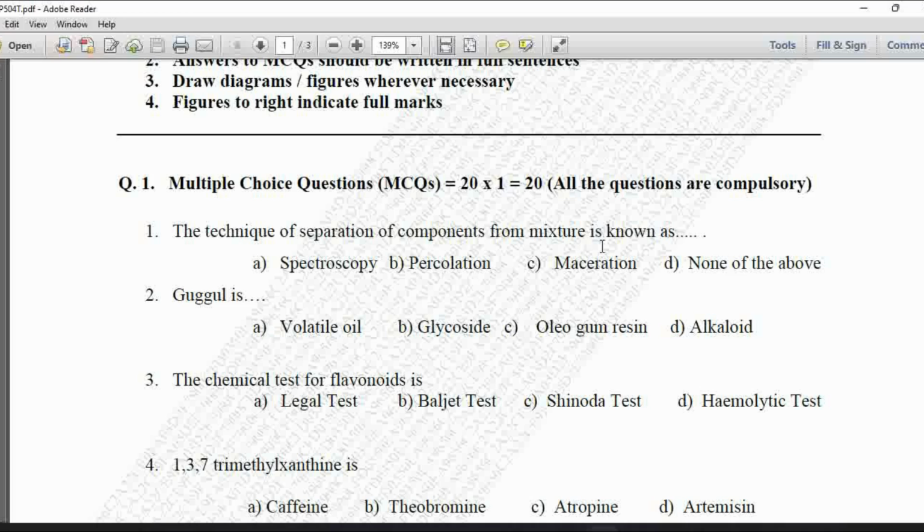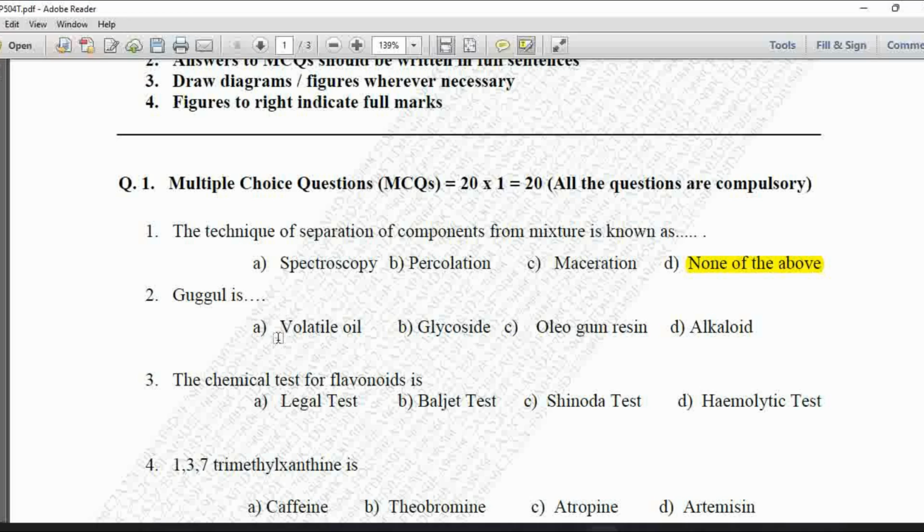In the chromatography technique, we can separate the components of the mixture. So here the correct option for this MCQ is none of the above, because no option here is given for the technique of separation of components from the mixture. So D option is correct.